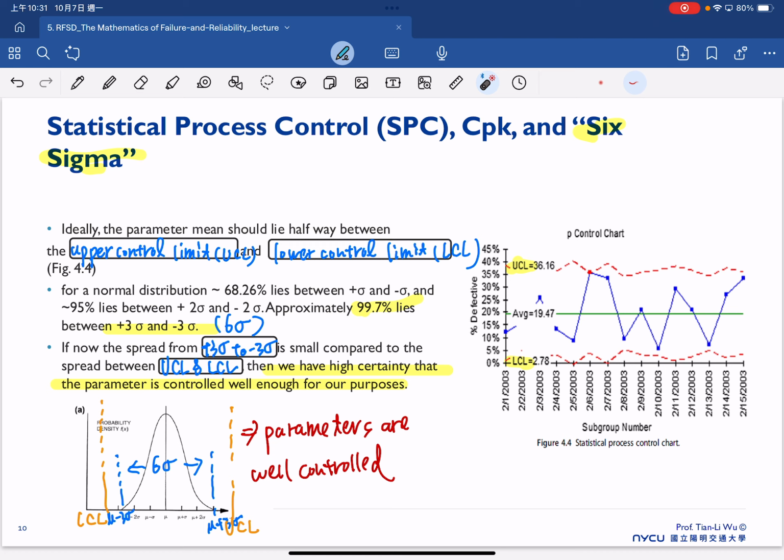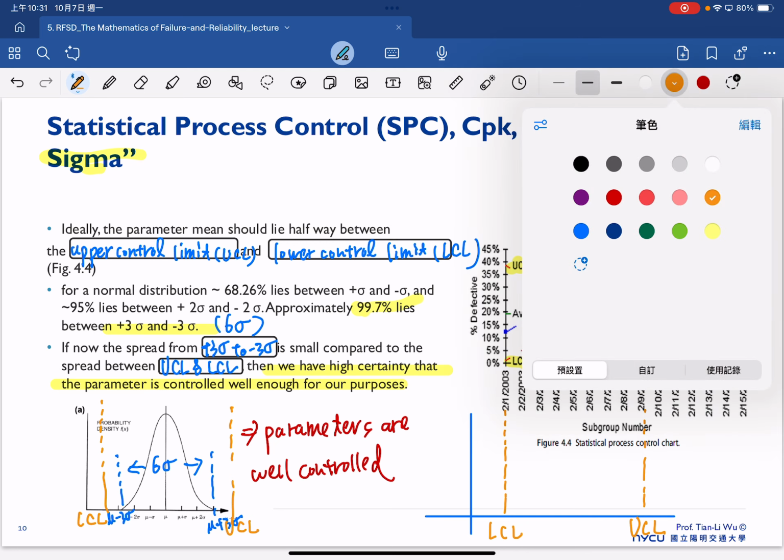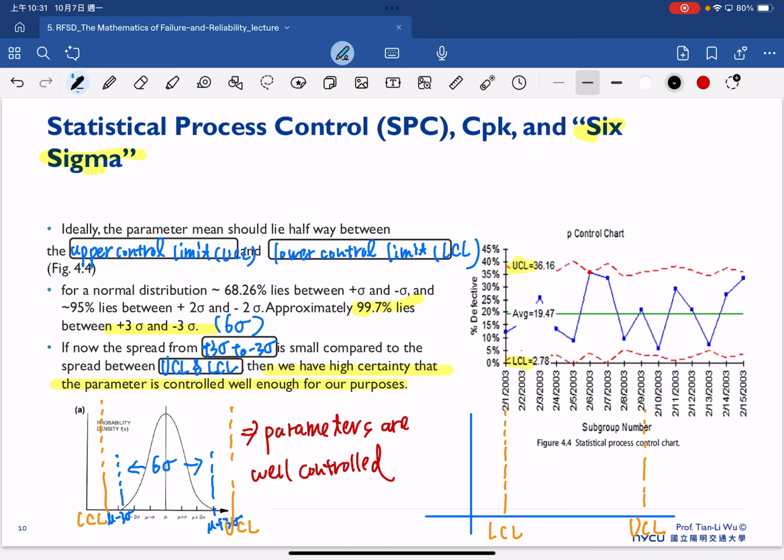And of course, based on this information, if now we have the results, our LCL is here, our UCL is here, but unfortunately our process control is not that good.